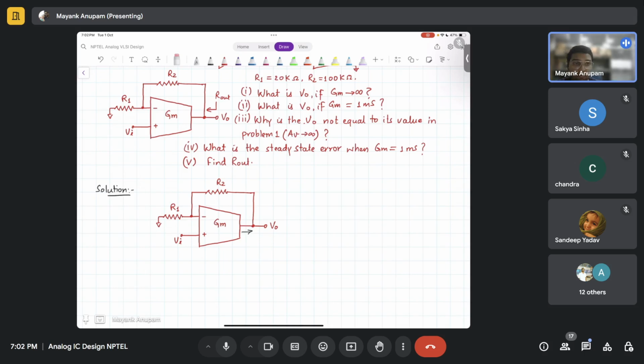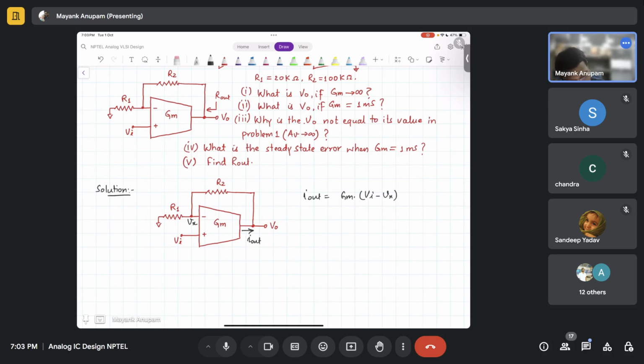GM times the voltage difference that it sees at its input. So let's assume that this voltage is Vx, like the previous case. So what is going to be this current? GM times Vi minus Vx.